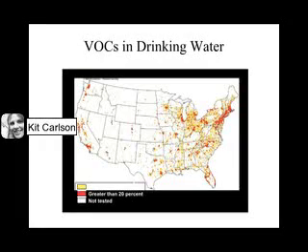Volatile organic compounds, or VOCs, are contained in a wide variety of commercial, industrial, and residential products, including fuels, gas, solvents or cleaners, degreasers, ink, refrigerants, and pesticides. So in agriculture, often it will be the fumigant type pesticides that can contribute significantly to VOCs in drinking water.